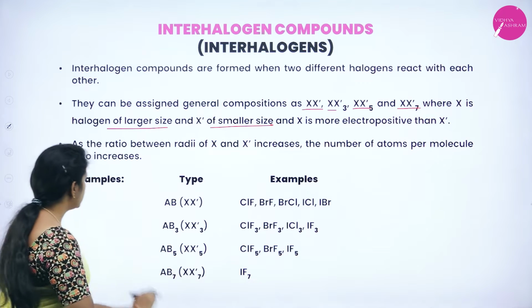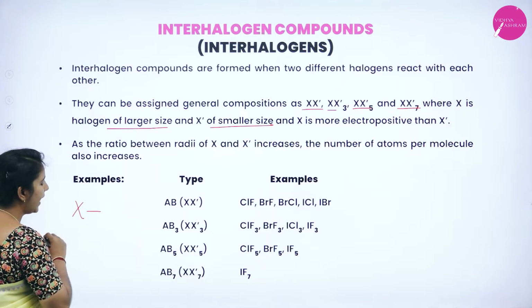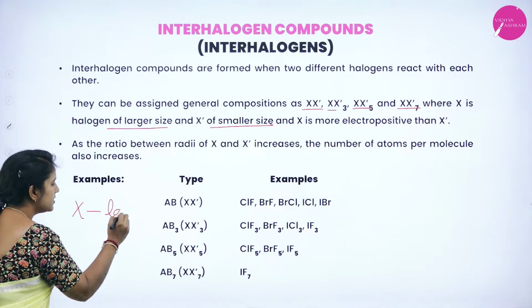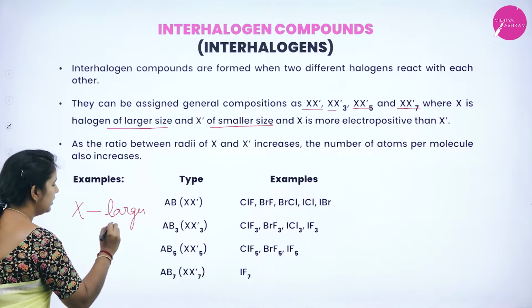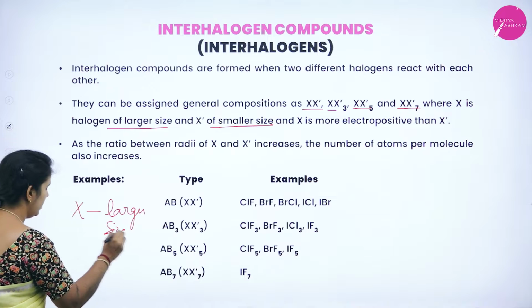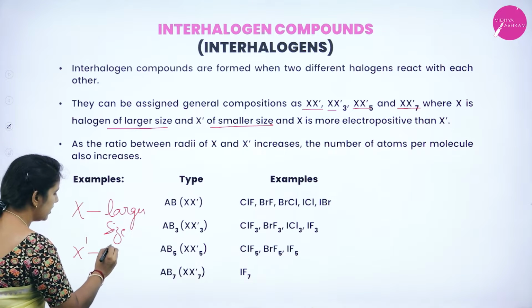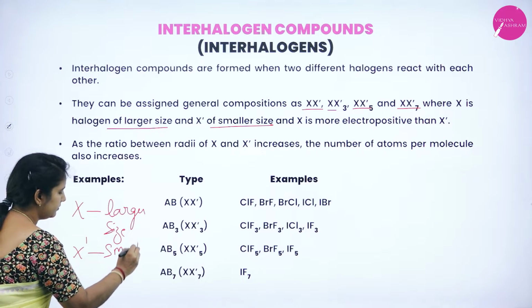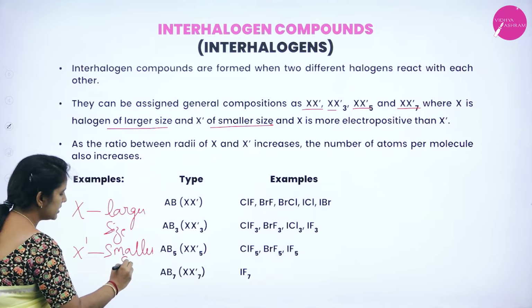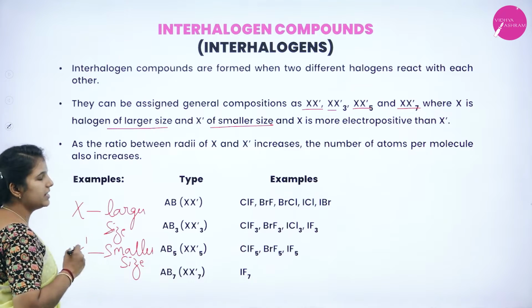So what is X here? X is a halogen with a larger size, and X' is a smaller size halogen atom.